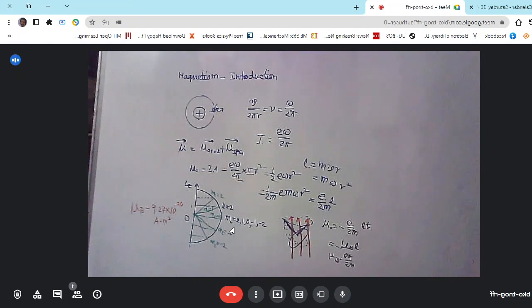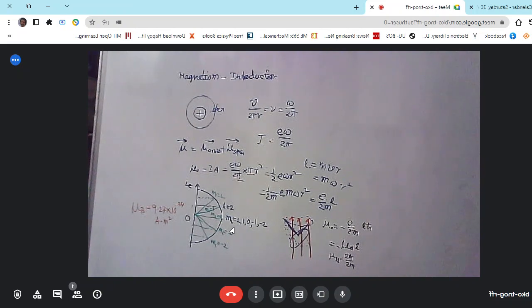Its value is 9.27 into 10 to the power minus 24 ampere meter square, not per meter square, ampere into meter square. So if I put the values of L, then it will be minus mu b L, then minus mu b L minus 1, then minus mu b L minus 2, etc.